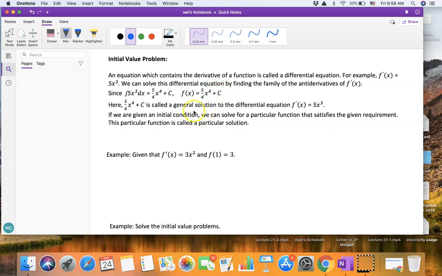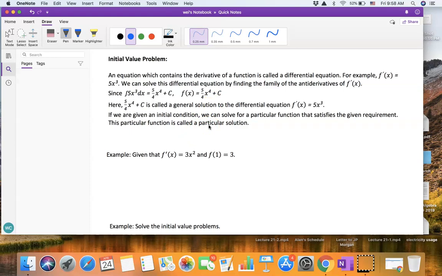So that's why it is called a general solution. Now, if we can give actual information to determine the c, then we will find a particular solution.